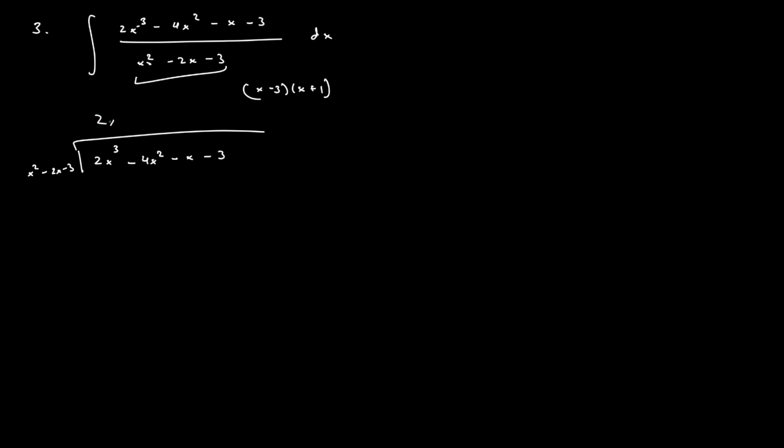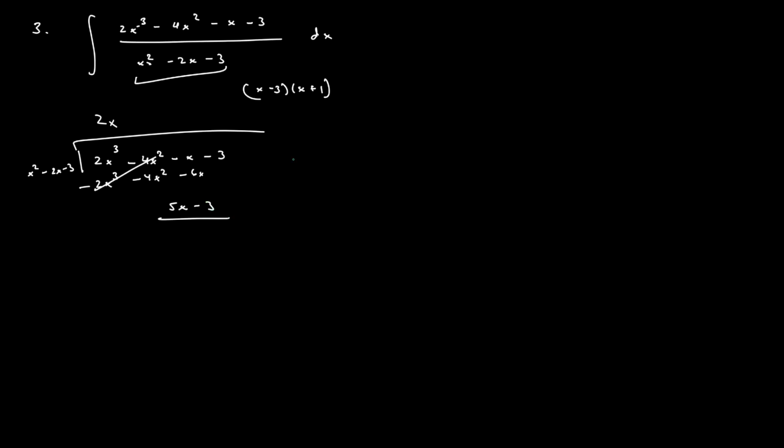So the first term is 2x, so I have 2x^3 - 4x^2 - 6x, and then I subtract. These all cancel out. I'm left with 5x - 3, and that will be my remainder.